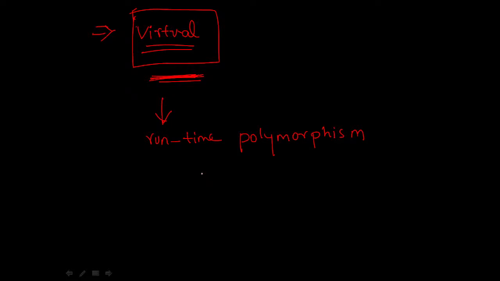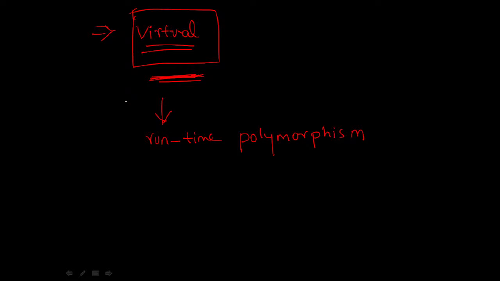So the virtual keyword defines overridable methods. A virtual method in a base class can be overridden by a derived class, allowing it to provide its unique implementation.